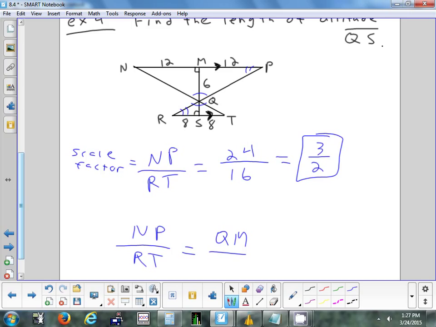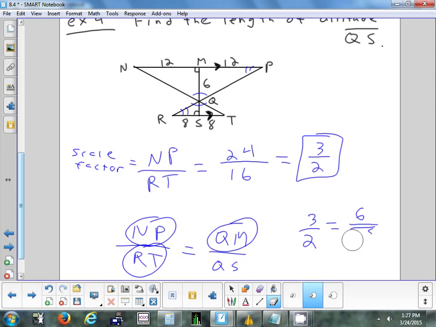Okay, so QM is the height of the top. QS is the height of the bottom. We know this. We know that. And we know that. Find QS. So NP over RT. Let's do the reduced form. That'll be easier. 3 over 2. QM. Connor, how long is QM? 6. 6 over, you could put X or you could just call it segment QS.